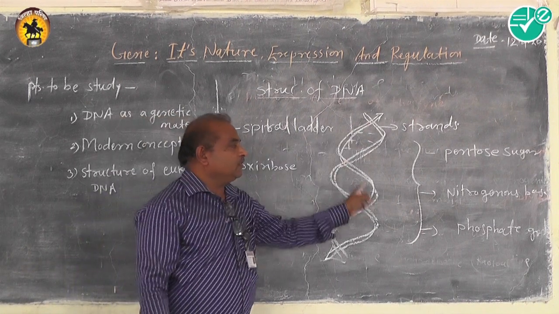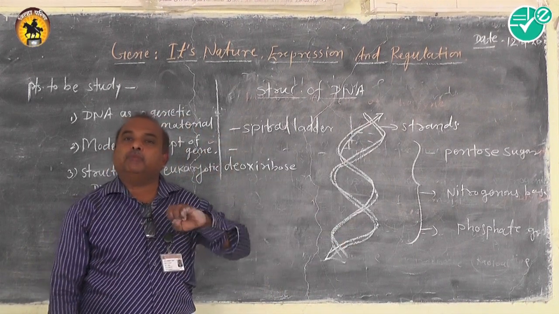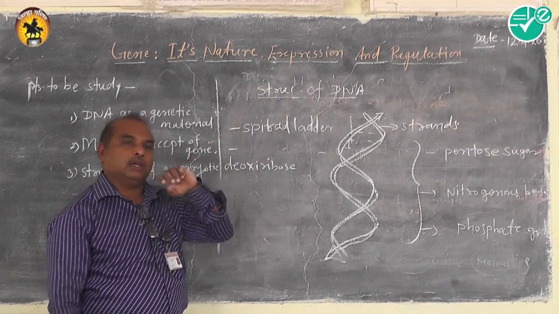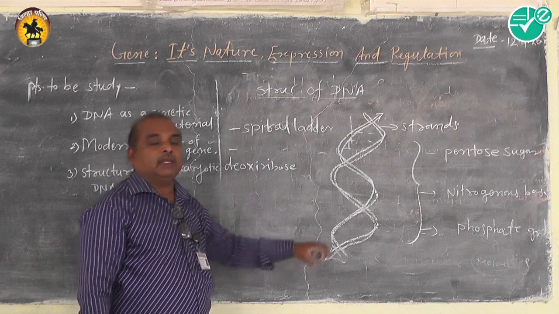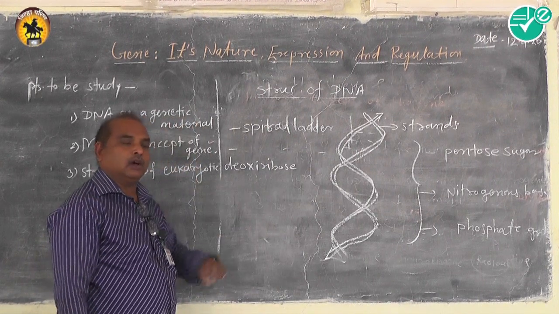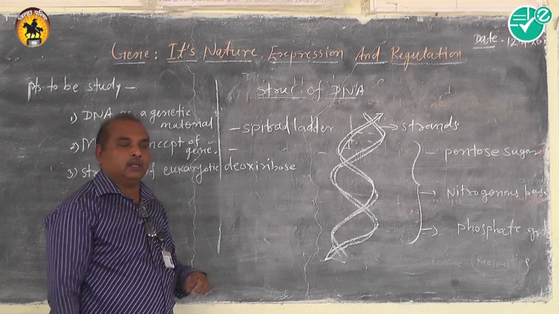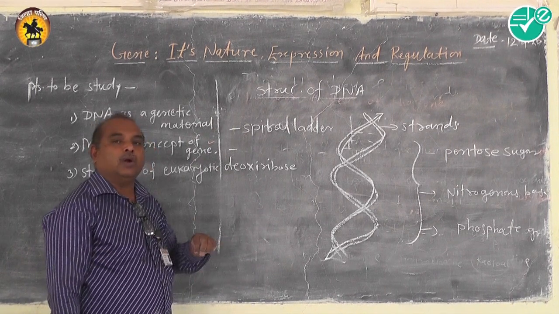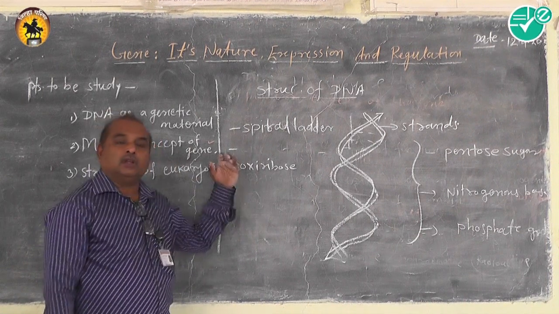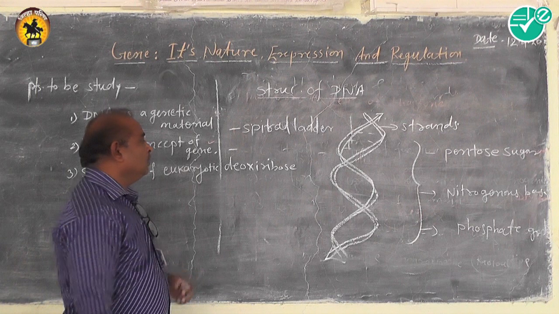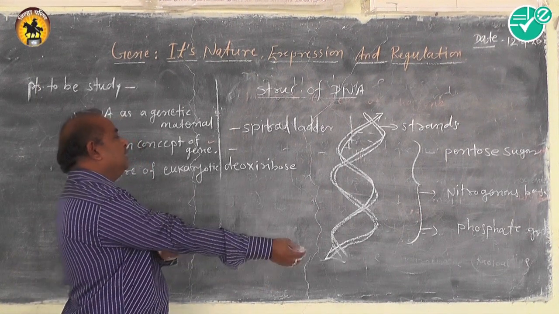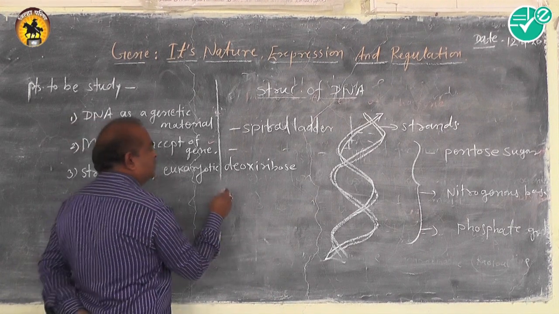Now, each strand of the DNA is made up of many nucleotides or monomers linking to each other, so the DNA molecule is a polymer structure. Many monomers or nucleotides are linked together with the help of a bond, the phosphodiester bond, forming the polymer structure. Now, how each strand is made up, that is what we want to study here.